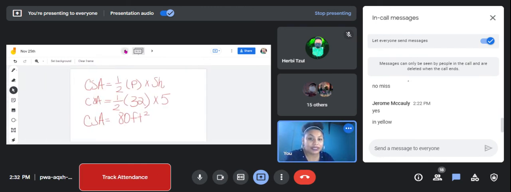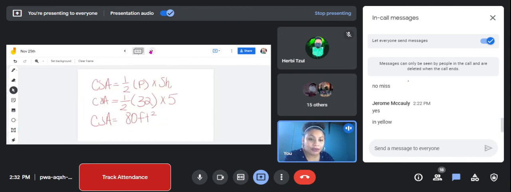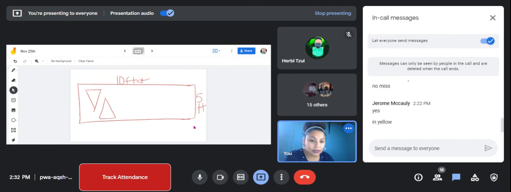See how long this has to be? This has to be 5, and your roll is already 5. So if you are cutting out triangles, this is just an example. You have to make sure that it is 5 because here it is 5. Everybody understands?